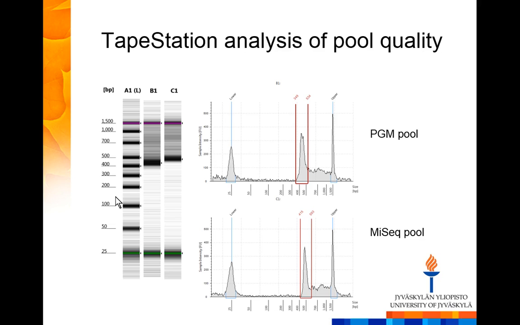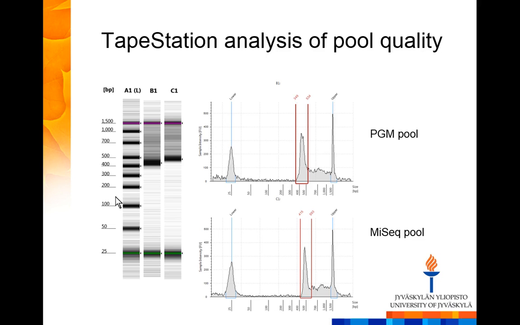I purified them with the Ampure purification system, and then I pooled the 4 replicate barcodes together, and then I checked with this TapeStation, which is like a newer version of the bioanalyzer, a very sensitive automated gel running system.